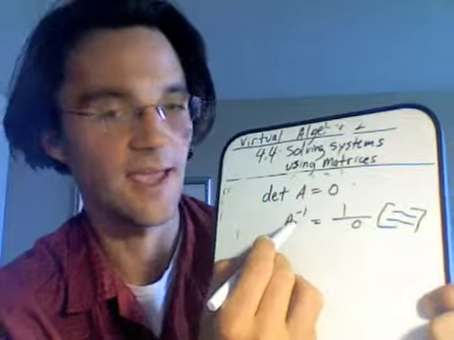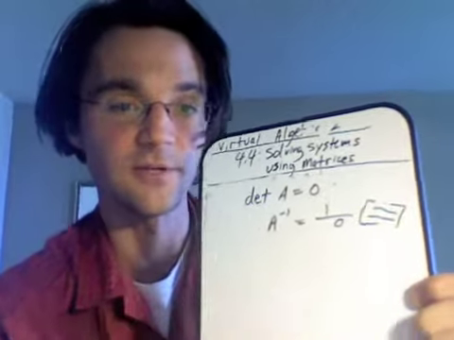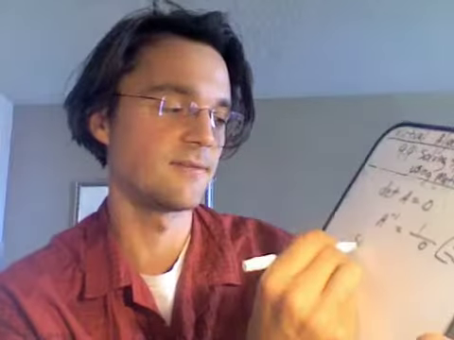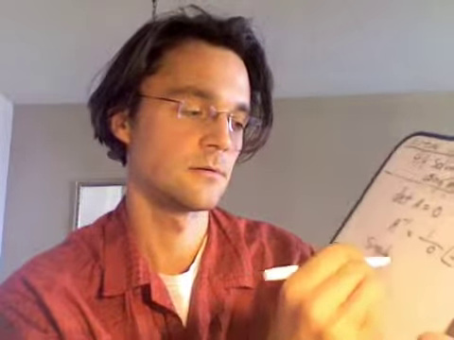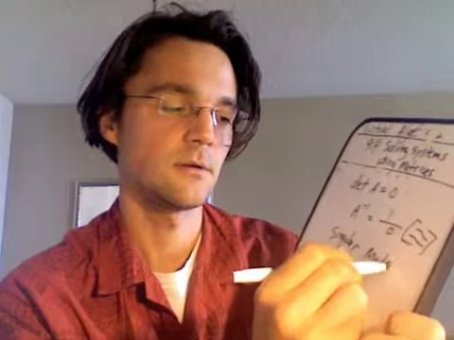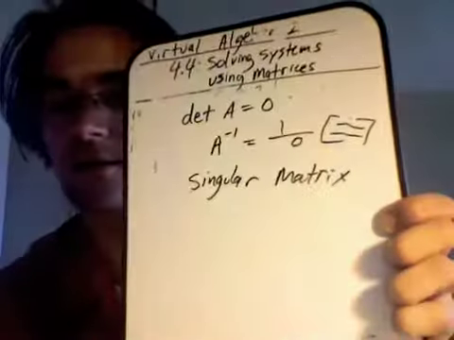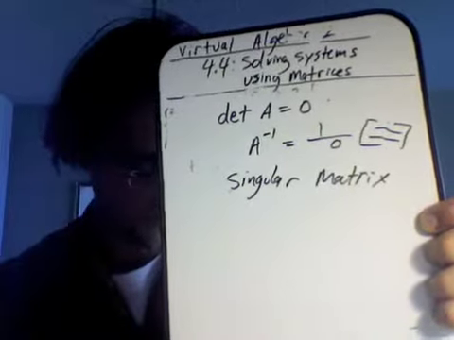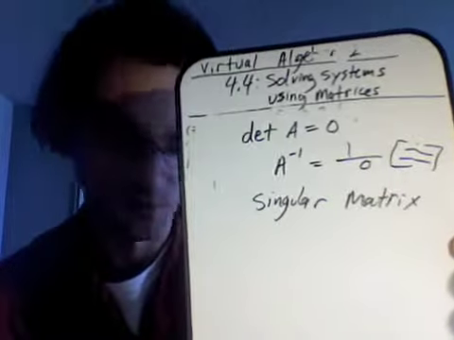And so, in fact, you can't take the inverse of a matrix with a 0 determinant. So that could happen, and your calculator might give you an error like this. It might say error singular matrix. That means the determinant is 0. You cannot invert this matrix. Okay, and so it could be that that means there's no solution.